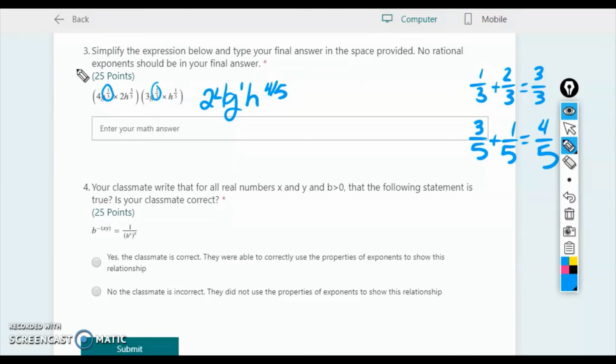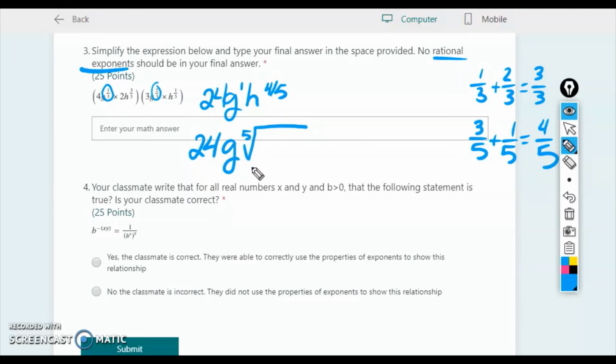It said no rational exponents, which means I don't want this fraction as an exponent, so I need to write it as a radical. These are fine, so I'm going to leave them just like they are, 24g. Since the fraction is the fifth, that means that's my index outside of my radical.